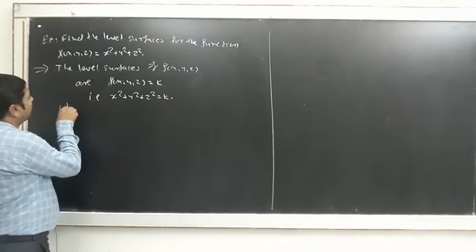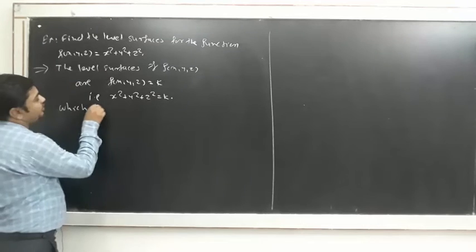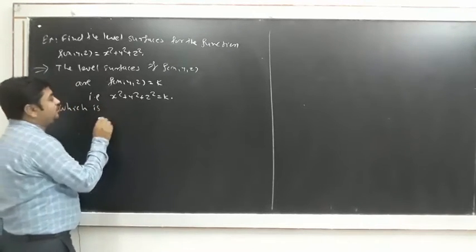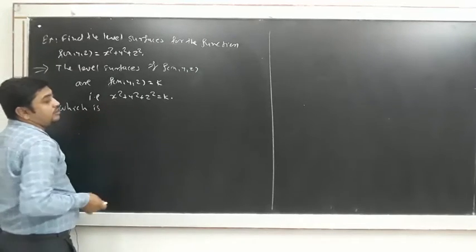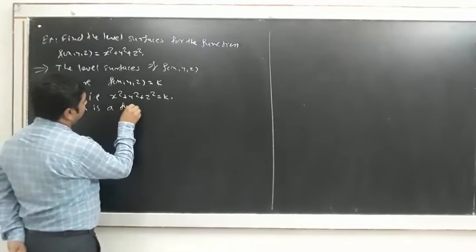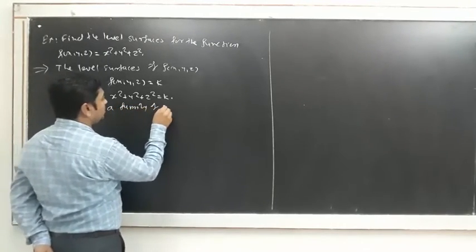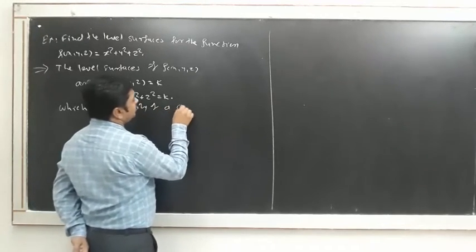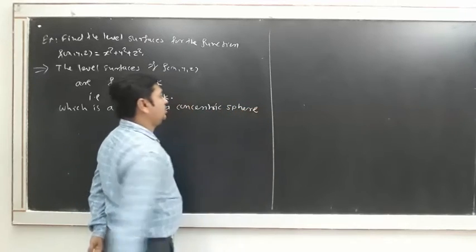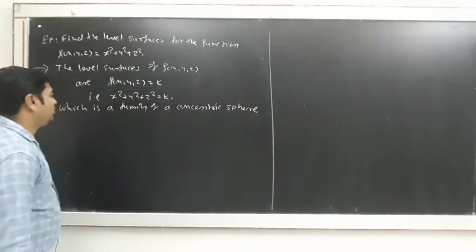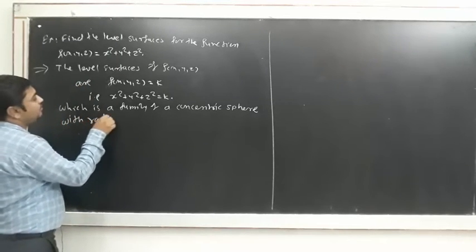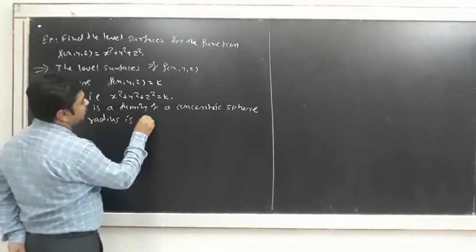What does it represent? Try to memorize: it is the equation of a sphere. It represents a family of concentric spheres. Concentric means with the same center. What is the radius? The radius is root k.